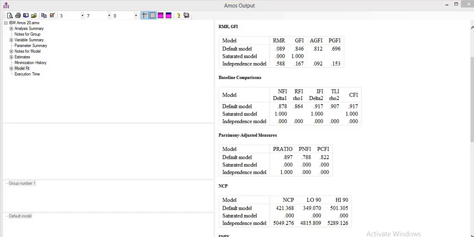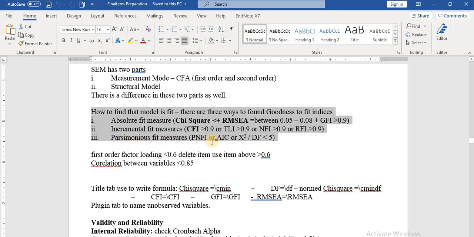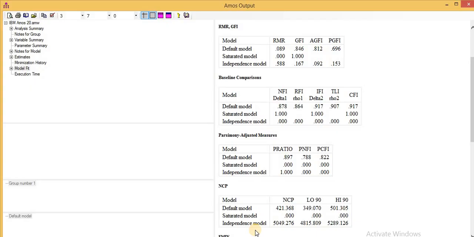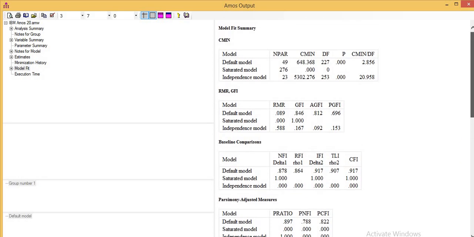And number third is the parsimonious fit measures. You need to report the value of PNFI or AIC or chi-square divided by degree of freedom, and its value must be below 5. So you can see here this is the value of chi-square divided by degree of freedom, and you need to report this value in your model fitness.